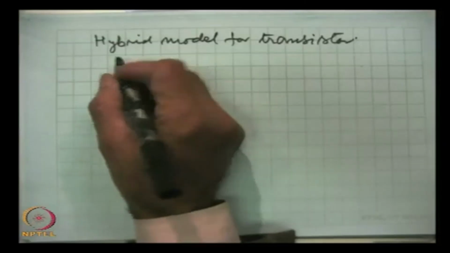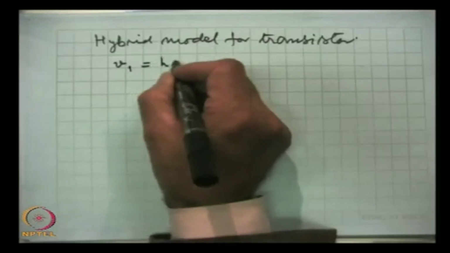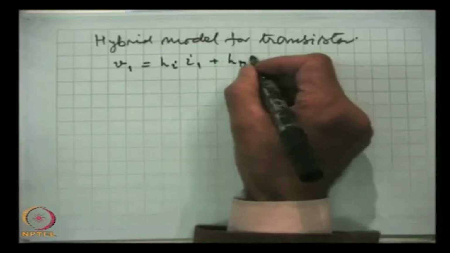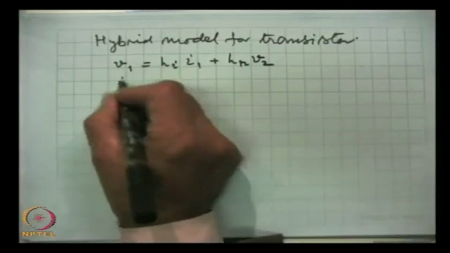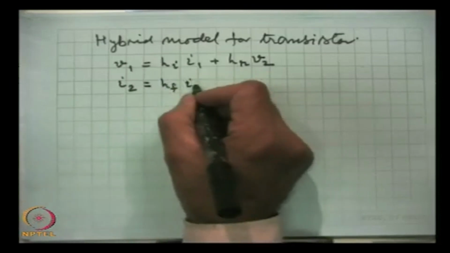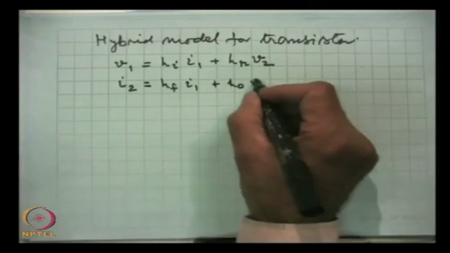For example, the two equations are V1 equals H I I1 plus H R V2, and similarly I2 is equal to H F I1 plus H O V2.